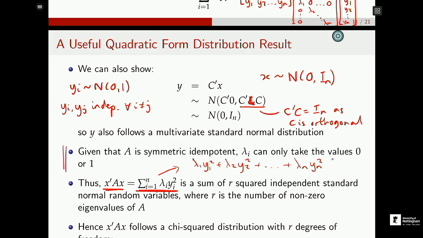If 4 of the lambdas are 1 and 6 of them are 0, 6 terms are going to drop out, and then 4 terms are just going to be 4 different y's squared and added together. In total then, what you've got, this quadratic form, is a sum of r squared independent standard normals, squared y's, where r is the number of non-zero eigenvalues, the number of terms that are kept in.